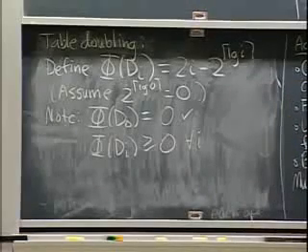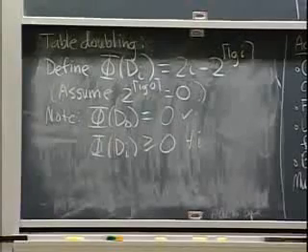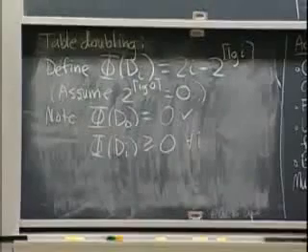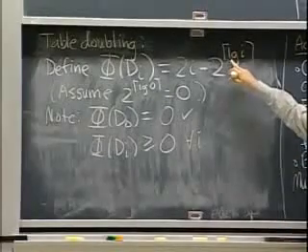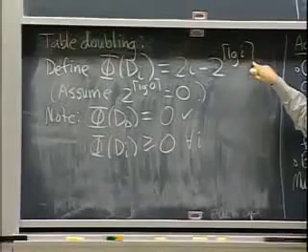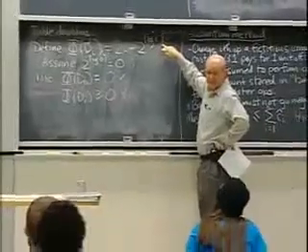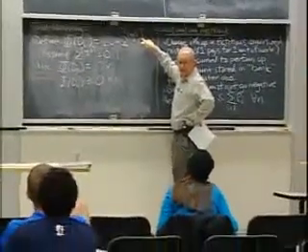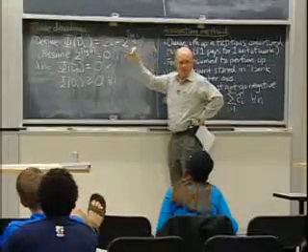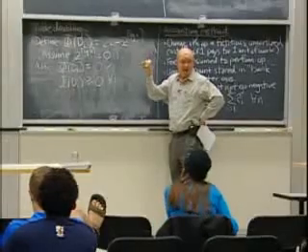Why is that? So what's the biggest that ceiling of log i could be? Ceiling of log i is either log i or log i plus 1. So the biggest it is is log i plus 1.